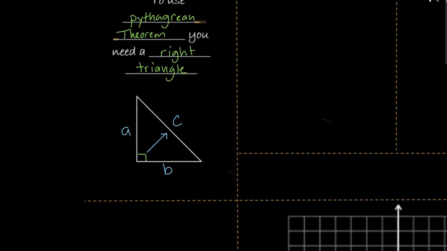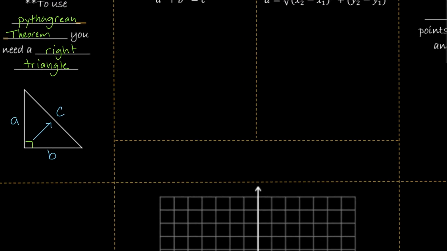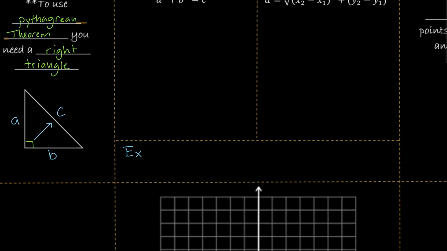So, we're going to have an example here. You're going to write the example in this blank dotted rectangle.